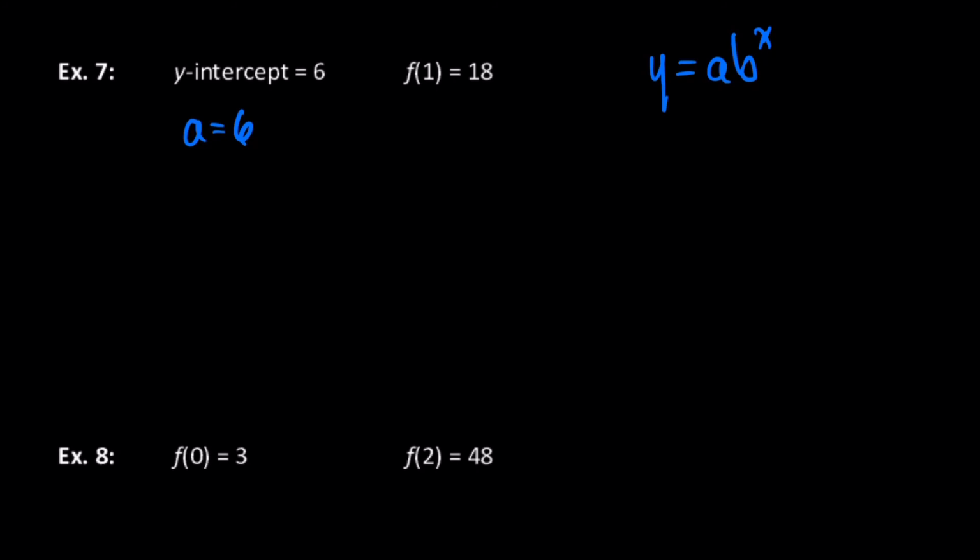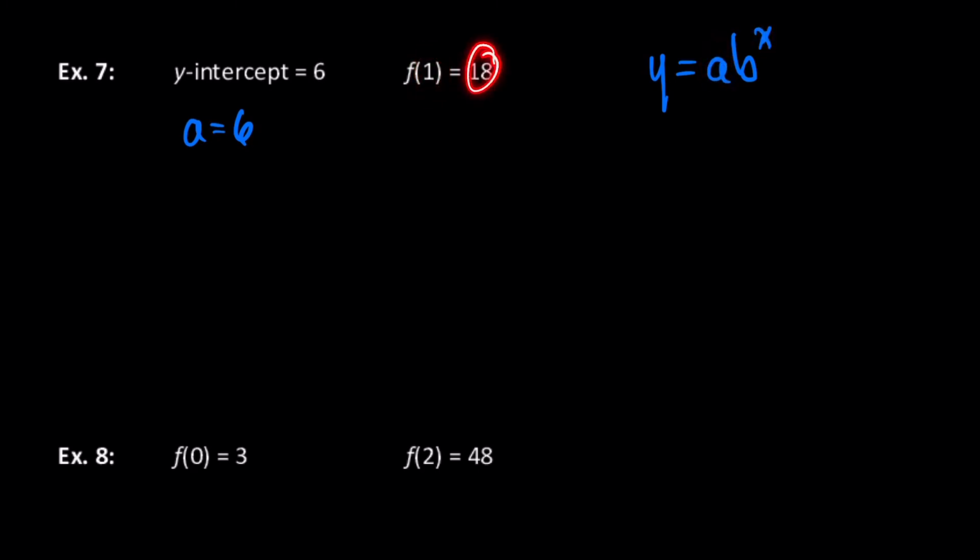So what they're telling me here is that f of 1 equals 18. This is just another way of saying, oh, the point (1, 18) is on this function. Or that x equals 1 and y equals 18. So what we're going to do to get the value of b is we have to solve this equation. We're going to put a 6 in for the a. We're going to put a 1 in for the x.